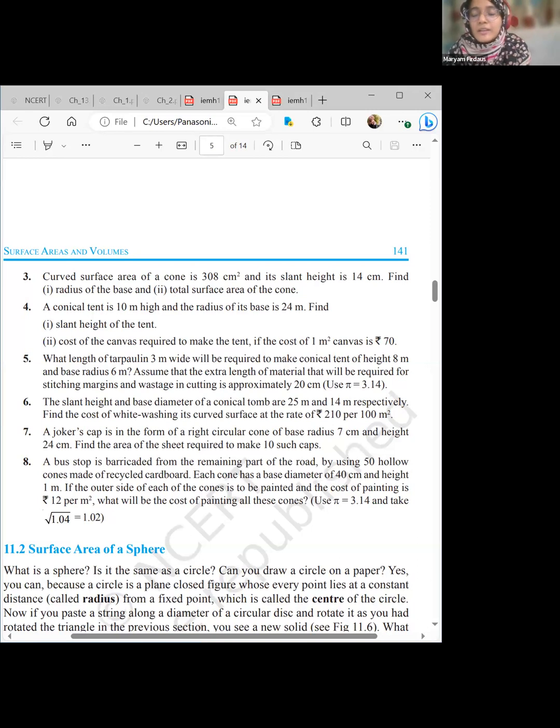You will come to know in a while what the use of the length given in the question is. But right now, just know that they are asking about material to make our tent, so we need the area of this tent. Is this much clear?